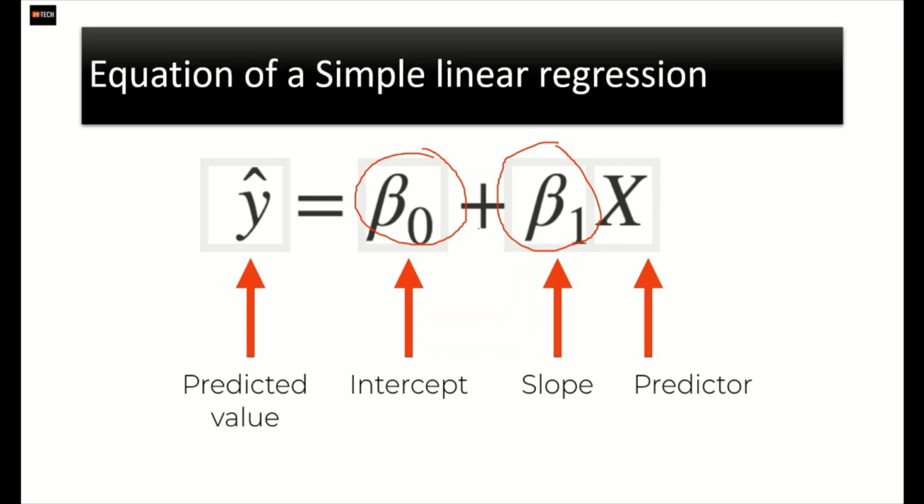So if I have this beta naught and beta 1 and I have my x, and I put x here, then I can easily find my y. Is that okay? So you can use it to predict your y, and this beta naught and beta 1 will tell you the relationship that x has with y.